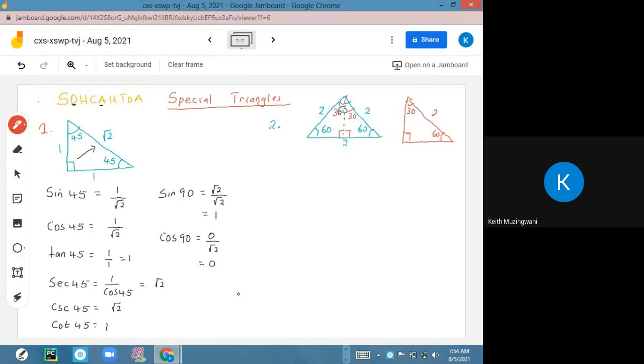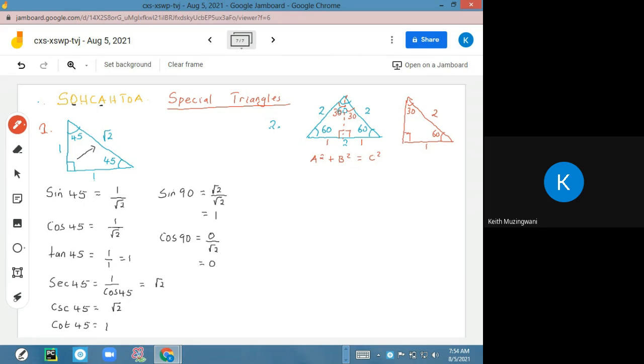With 2 this side, 1 this side, because we cut it in between, so we have 1 here and 1 here to form 2. Then Pythagoras theorem: a squared plus b squared is equal to c squared, but c is known.